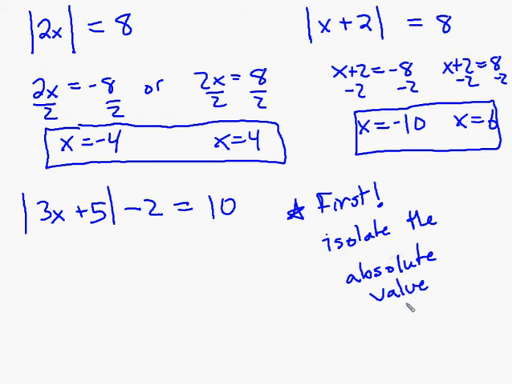First, we have to isolate that absolute value piece. So I need to get this piece by itself. So I'm going to add the 2 to both sides first. We get 12.